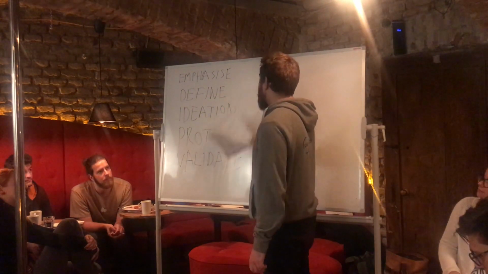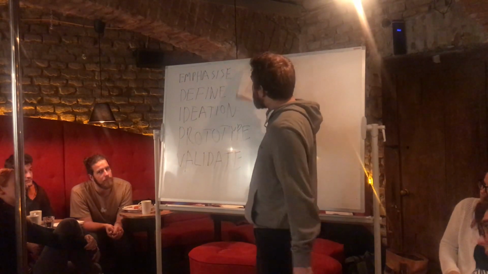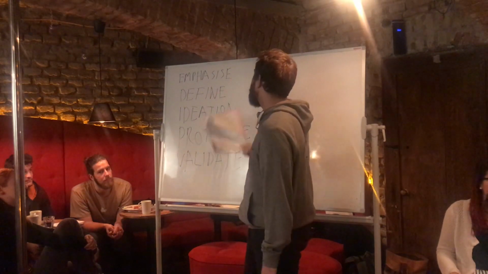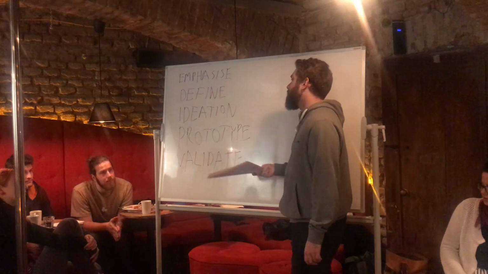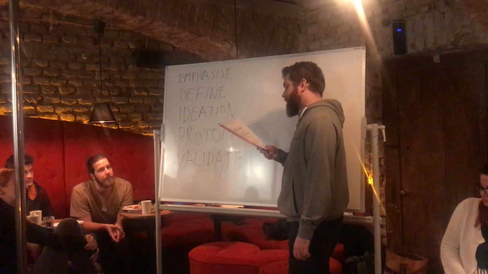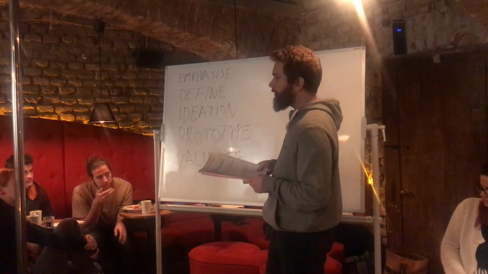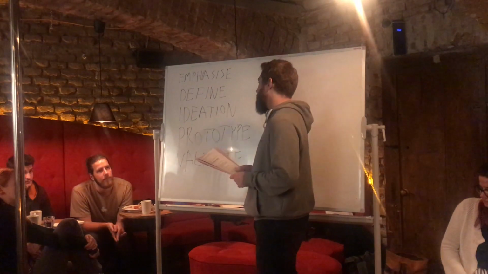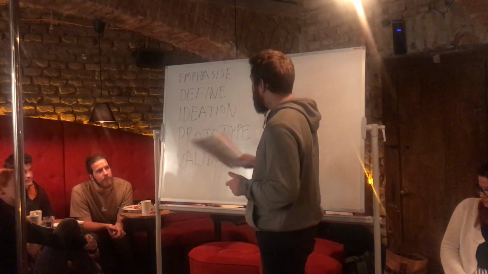Then the define phase. After the first step, when you know something about the users, it's important to define the challenge which you are trying to solve or work on. This phase includes a description of what the problem is and why you are trying to solve it.